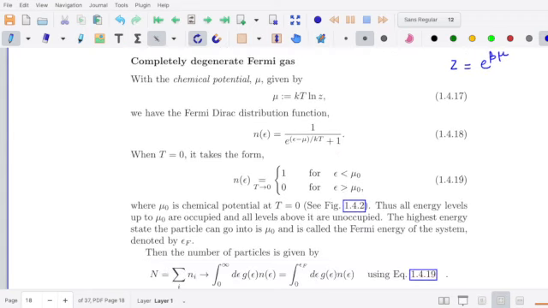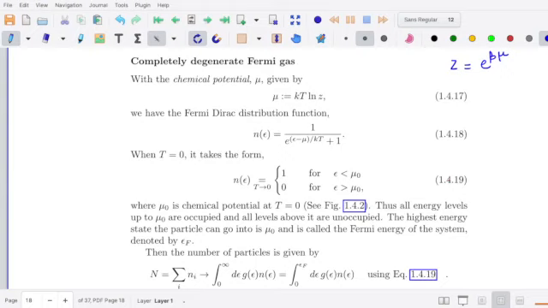So if we look at the way in which the particles are arranged in single particle states at T equal to 0, we can see that the occupancy number n is equal to 1 for all states with energy less than mu_0. So all those states are filled, and for states with energy greater than mu_0, the occupancy is 0, they are vacant.